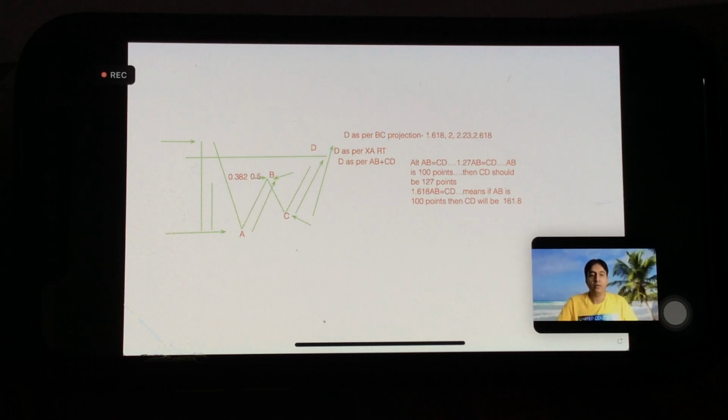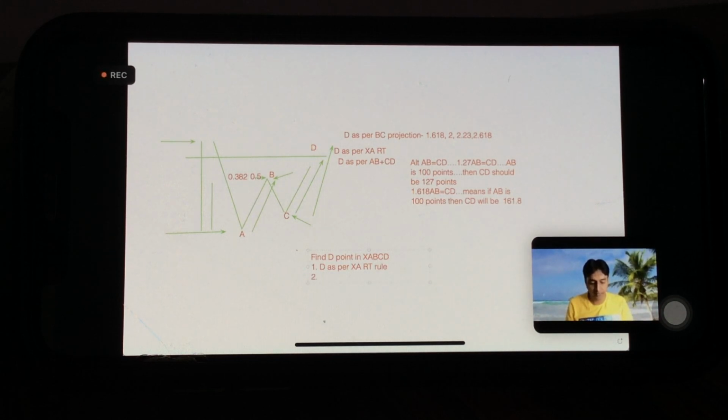Right? So, what we are doing? Find D point in XABCD. First is D as per XA retracement rule.